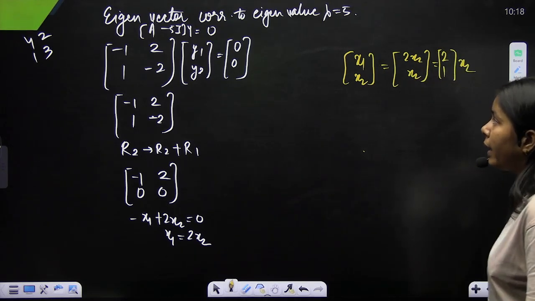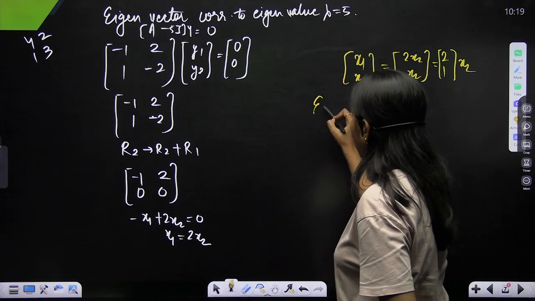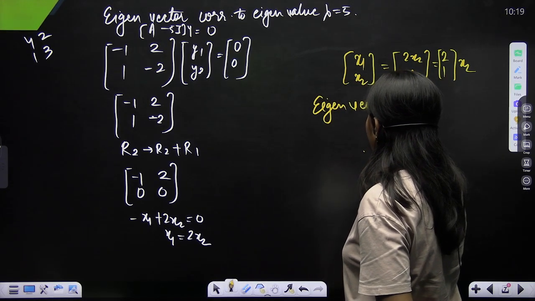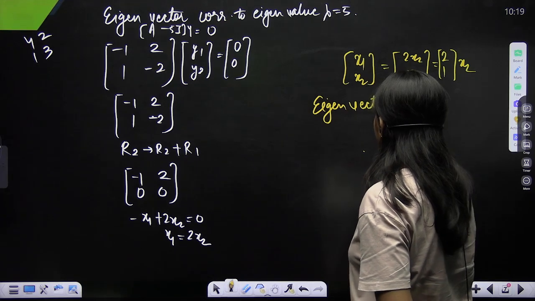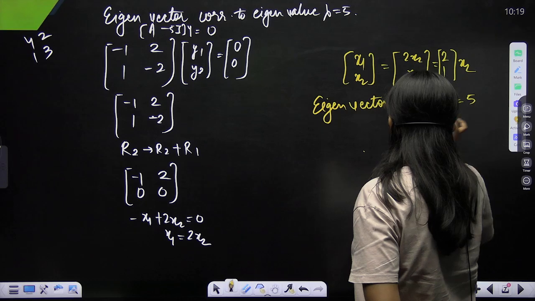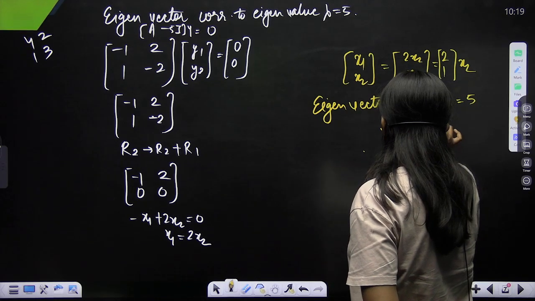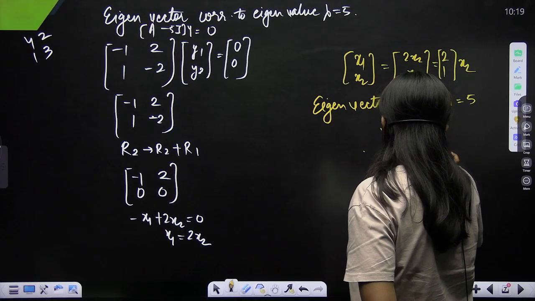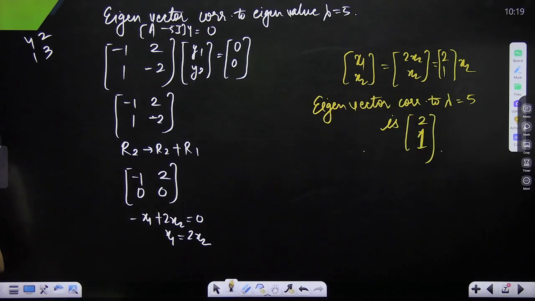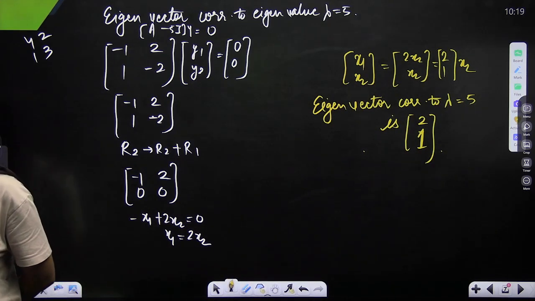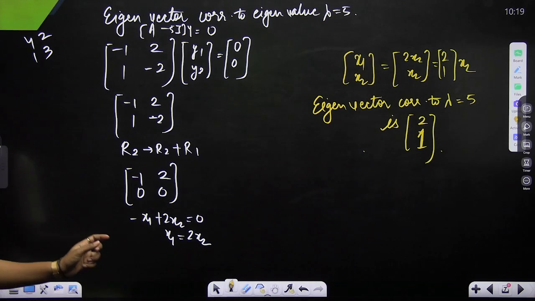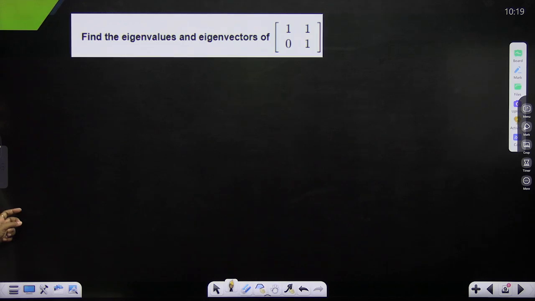So what would be the eigenvector corresponding to lambda equals 5? It is 2, 1. So we get two distinct eigenvalues, and corresponding to that I got two eigenvectors.